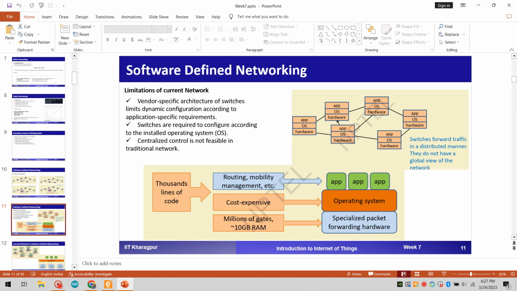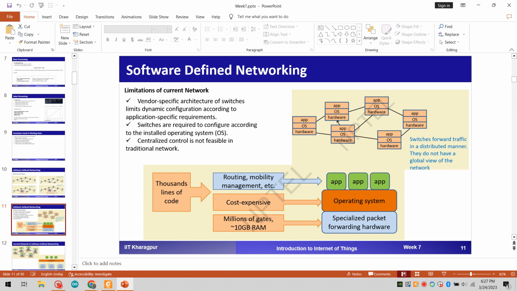So the solution for this is to separate out the hardware part from your operating system and application part, and better to put the application and operating system part as a centralized controller thing. Because if some attack happens on your hardware part, then you don't need to make changes over different nodes.